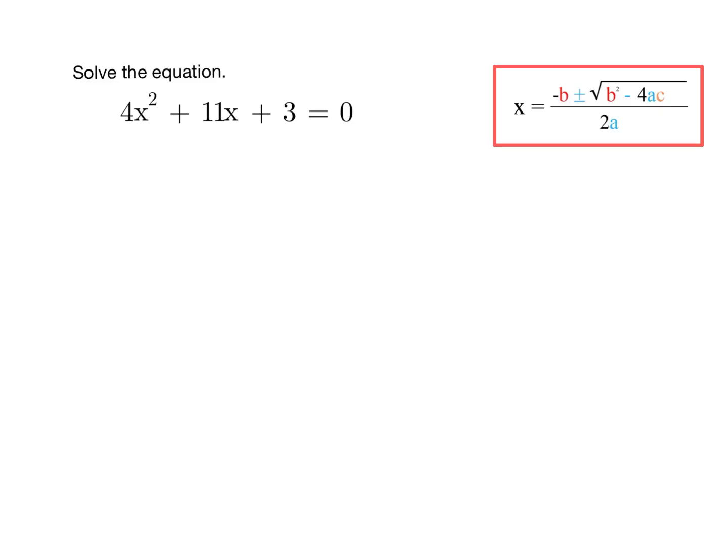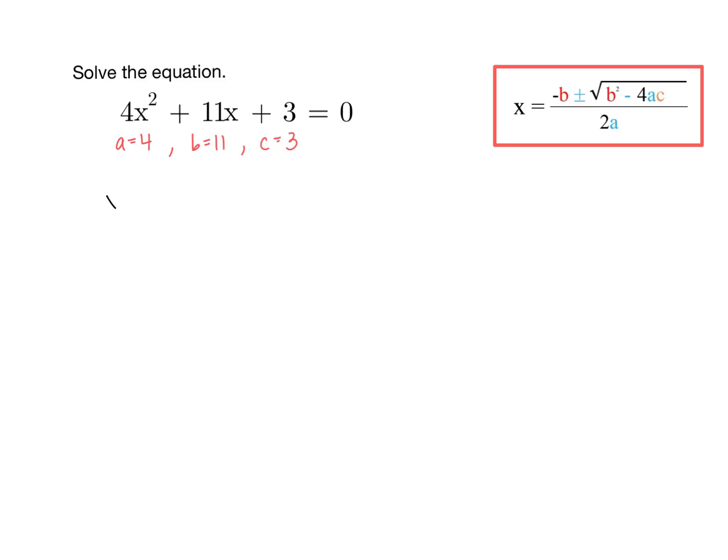Let's try another equation. 4x squared plus 11x plus 3 equals 0. Let's use the quadratic formula because the equation is in standard form and equal to 0. First, identify our a, b, and c values. a is equal to 4, b is equal to 11, and c is equal to 3. Now let's substitute those values into our quadratic formula.